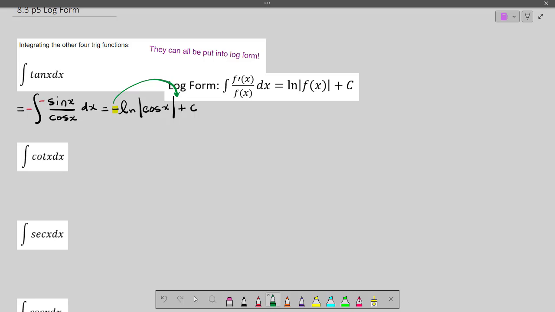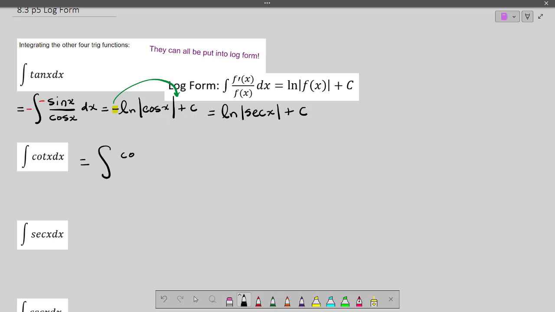And what is the reciprocal of cosine? Secant. So you could write it that way. Either of those is totally fine. You're certainly not obligated to use that log property, but just be aware that you can do that.